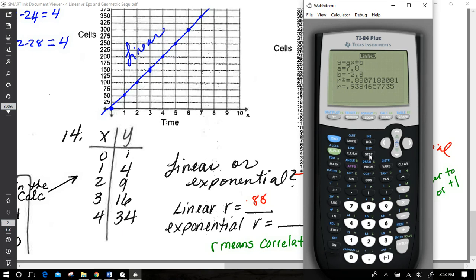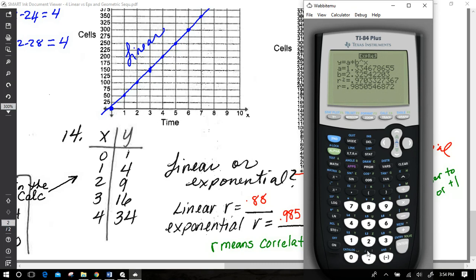So right from here, I'm going to go to stat, over to calc, down to 0. You could just type it, but I want to show you that it says EXP regression, so that's my exponential regression. And my R value here is 0.985. So which value is stronger? That is going to be my exponential.